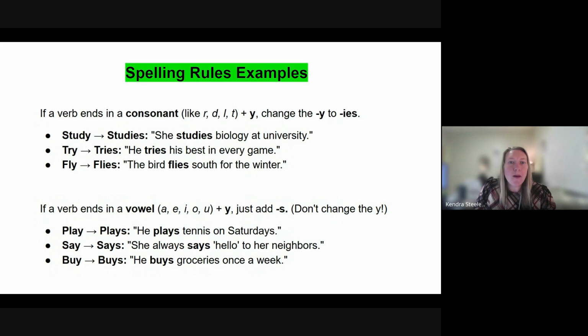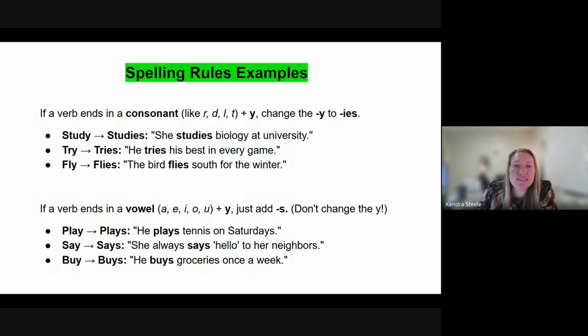So for example, play becomes plays. He plays tennis on Saturdays. Say becomes says. She always says hello to her neighbors. And buy becomes buys. He buys groceries once a week. Okay.